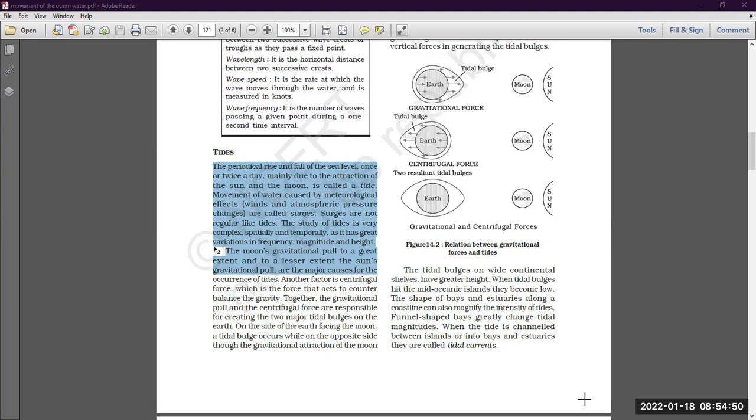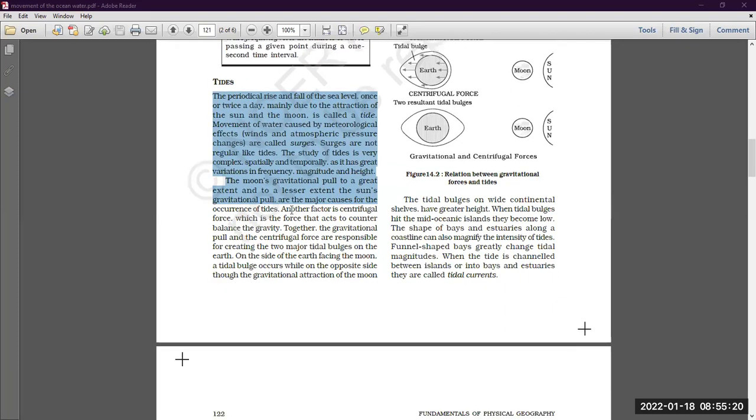So it has great variation in frequency, magnitude, and height. If we are studying tides, they are very complex, they are not the same. First thing, the frequencies are different, the magnitudes are different. मैग्नीट्यूड भी डिफरेंट है, फ्रीक्वेंसी भी इनकी डिफरेंट रहती है, और हाइट भी इनकी डिफरेंट रहती है. डिपेंड्स ऑन द एरिया, डिपेंड्स ऑन द टाइम.